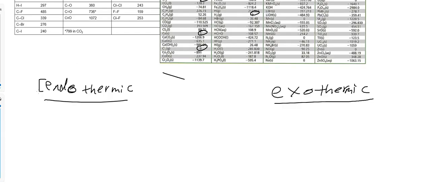Endo means in, and therm means heat, which means that this takes in heat. It literally sucks heat out of the surroundings and gets it for itself, which is why often endothermic reactions feel cold or cool.